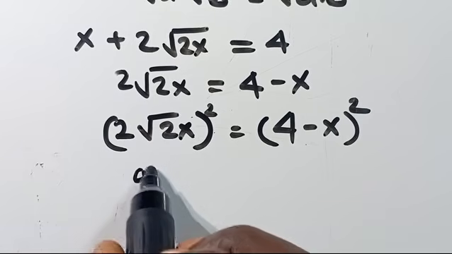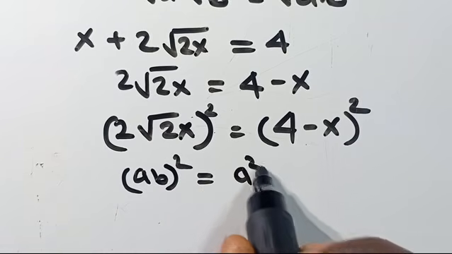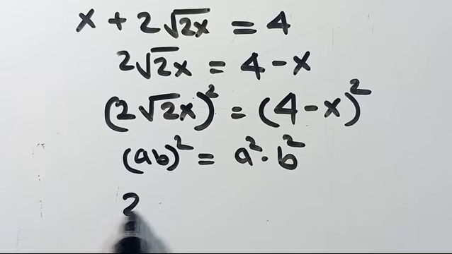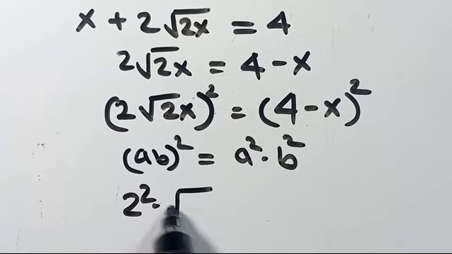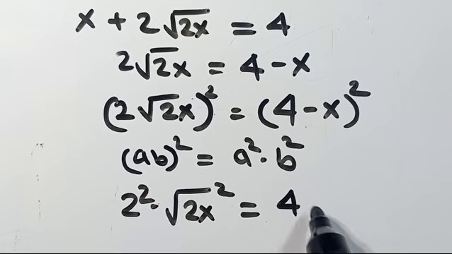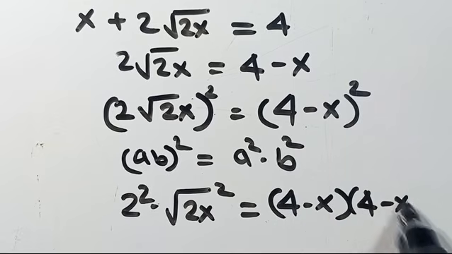Now, when you have ab in parentheses squared, it equals a squared times b squared. So here will be 2 squared times root 2x squared equals 4 minus x times 4 minus x.